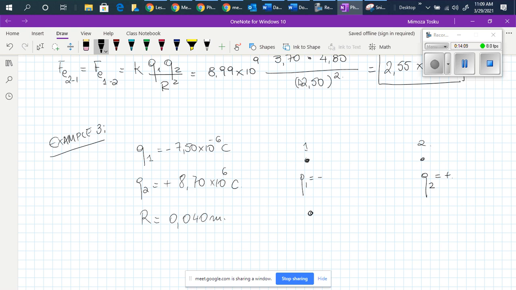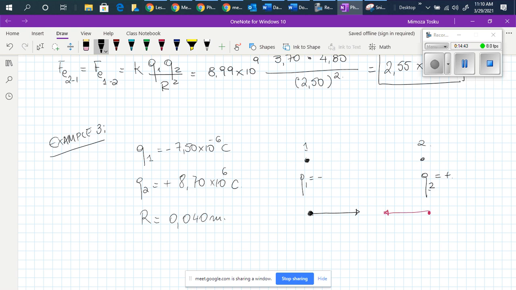In the free body diagram of object 1, the electrostatic force that object 1 experiences as a result of the presence of object 2 is attraction, so it will be this one here. For object 2, it will be the opposite one. Again, it's attraction because they are opposite charges and they are equal in magnitude.